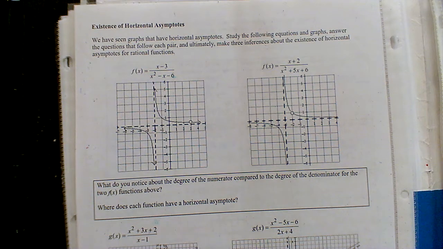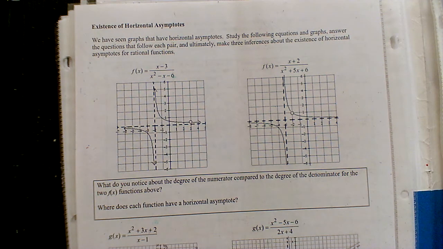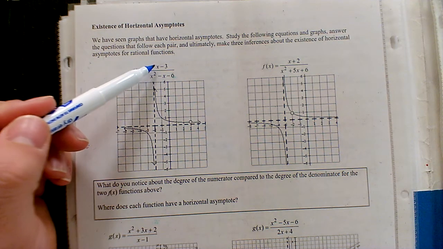Does anybody notice any characteristics about these functions? What was that? The first two that we're looking at. We're going to get to the next pairs, but we're just looking at the top 2 first. Okay, that's really important there. So, Marie noticed that the degree in the numerator is less than the degree in the denominator.